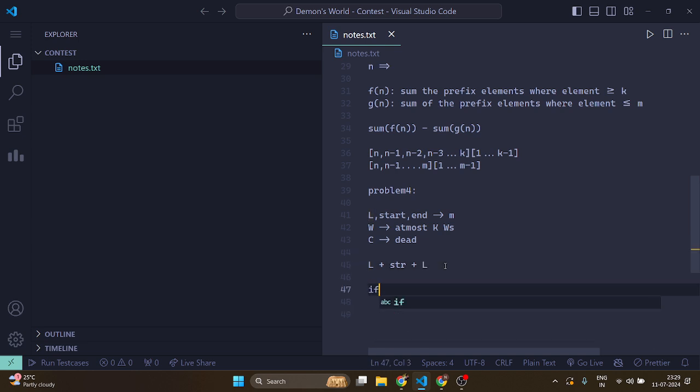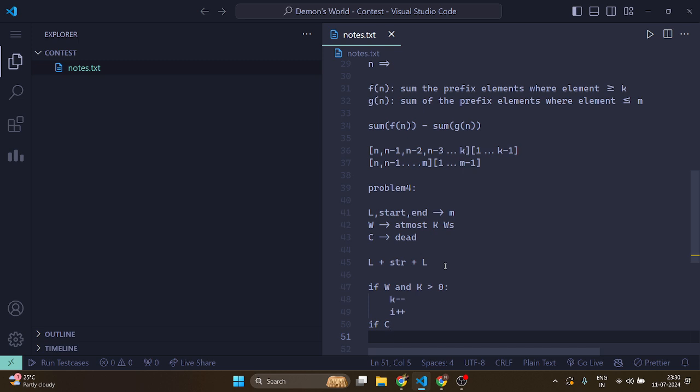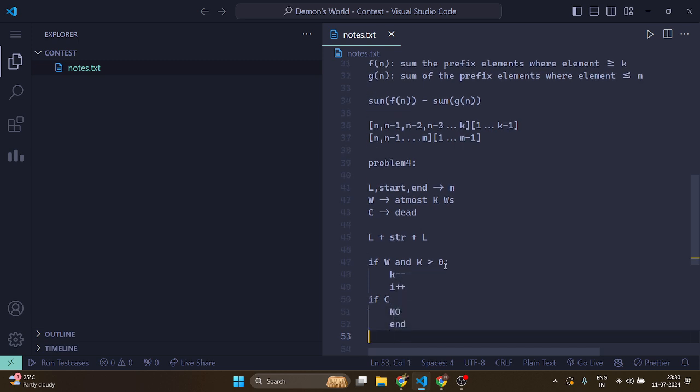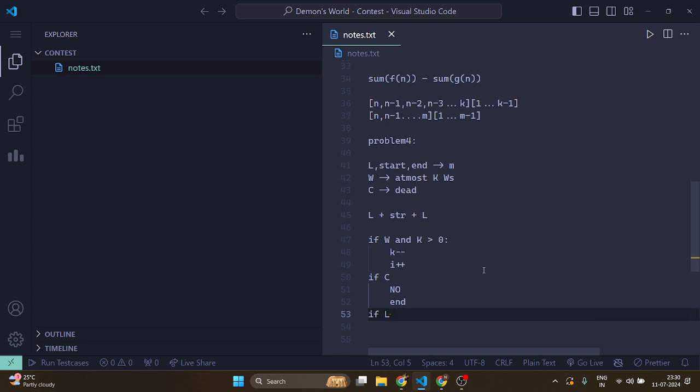Now, if you are on W and k is greater than 0, just subtract k once and increment i. If you are on C, you're out of luck, you just print no and end. If you are on land, this is the main part, and it's literally brute force. You don't have to think anything.